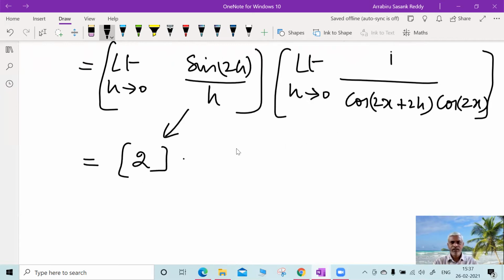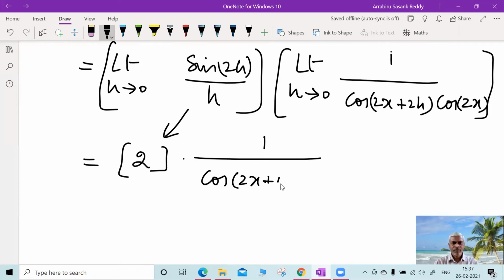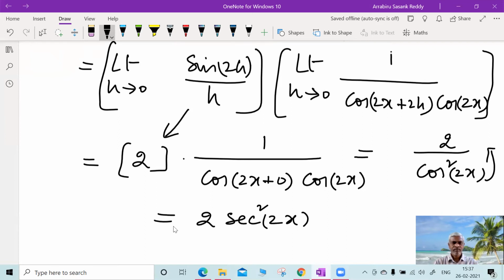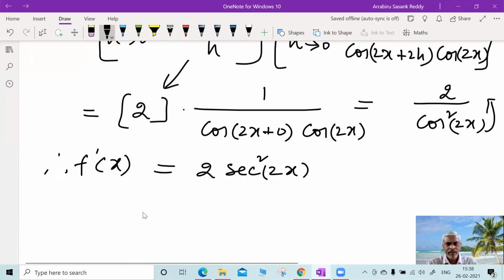And substituting h value in this, cos 2x plus 0 into cos 2x. Cos 2x into cos 2x, this is 2 by cos square 2x, and 1 by cos square 2x can be written as sec square 2x. So this is the derivative of tan 2x.